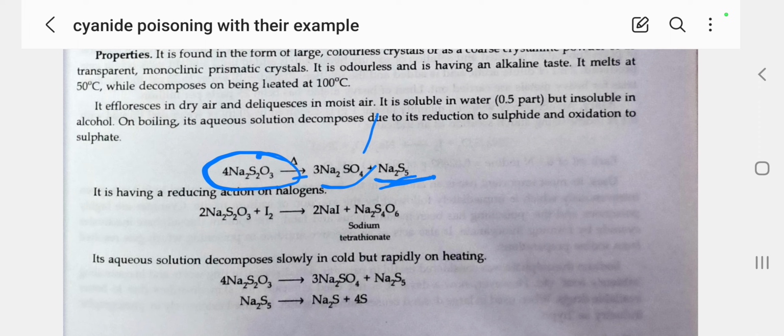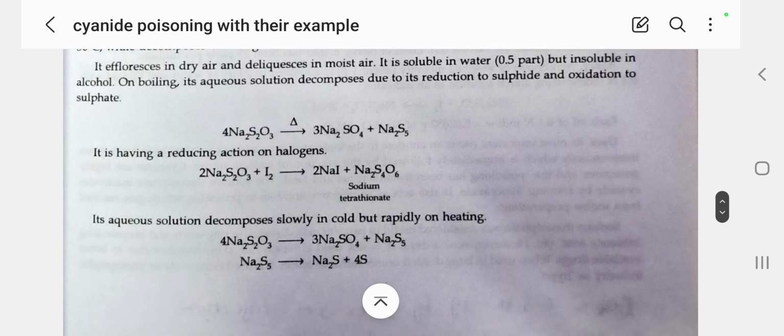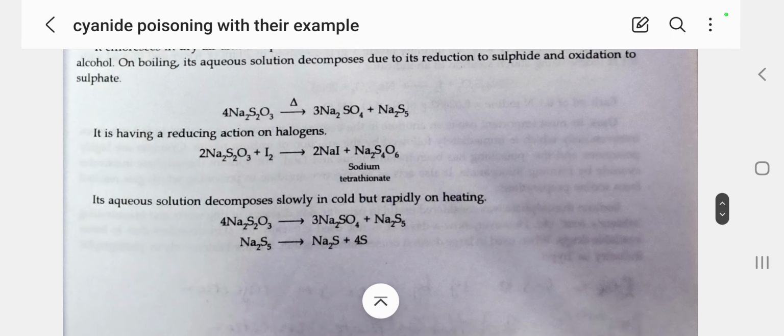It has a reducing action on halogens. Halogens means chlorine, bromine, iodine; these come under halogens. When sodium thiosulphate is treated with halogen, it gives sodium iodide and sodium tetrathionate, Na2S4O6.